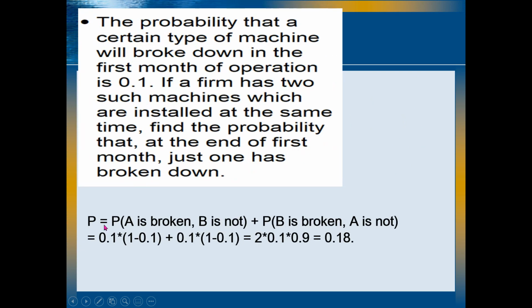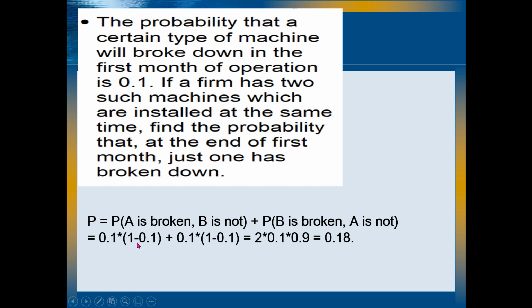So we have to find the probability that at the end of the first month just one has broken down. So this is equal to the probability that A is broken and B is not, or the probability that B is broken and A is not. Since the two machines are identical in terms of the probabilities, the probability that A is broken is 0.1, which is given in the question, and of course not broken is the exact opposite, so that will be 1 minus 0.1.